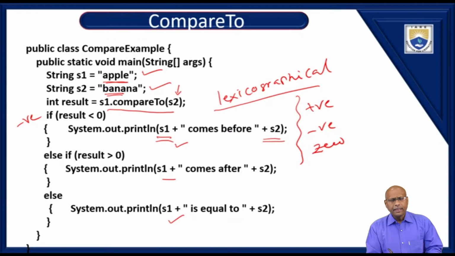So in an exam, sometimes they may ask a question: compareTo returns what different categories of values? Then you should say, compareTo returns 3 different values: positive, negative and 0. Whenever 0 comes, both strings are equal. Whenever positive comes, the first one is greater than the second one, that means the first one comes later than the second. If a negative value comes, the first one comes before the second one.